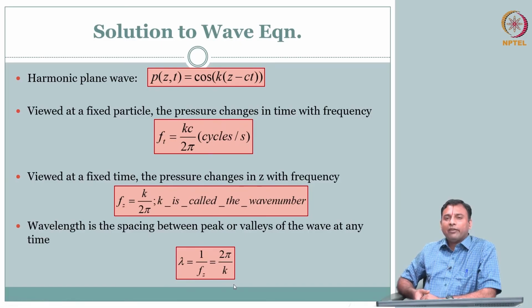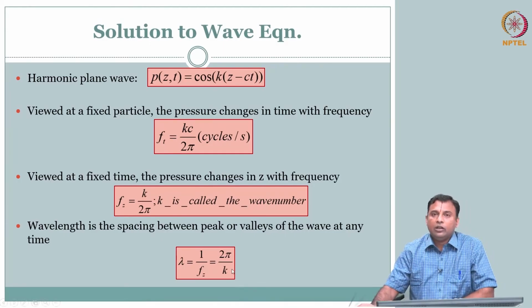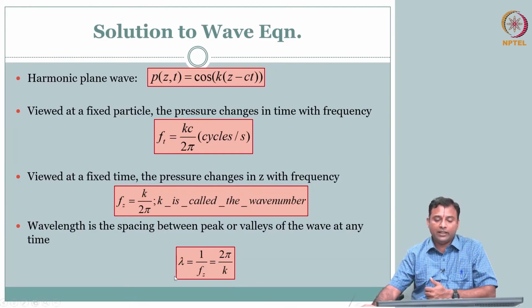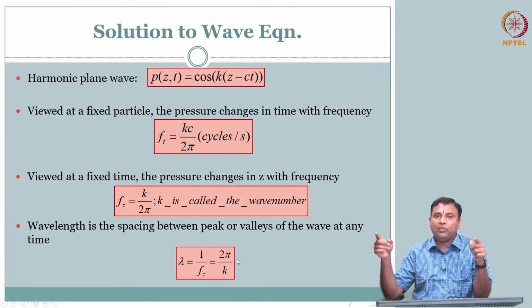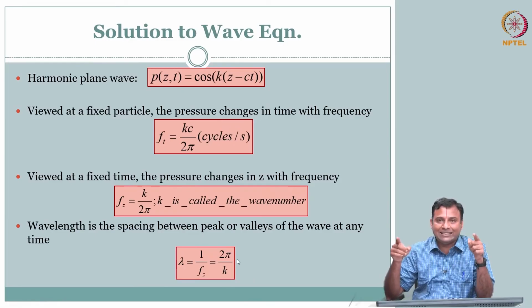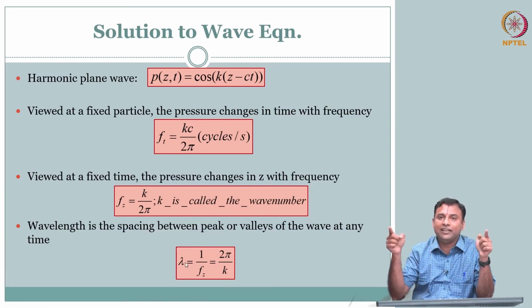So, what is wave number? If you treat it as a distance quantity, 2 pi is a distance, and lambda is also a distance. The number of lambdas that can fit in 2 pi distance is your wave number.